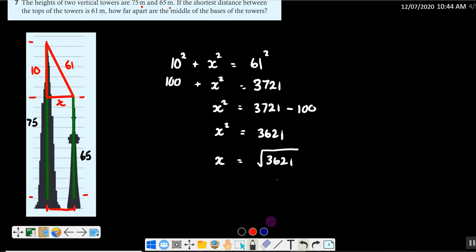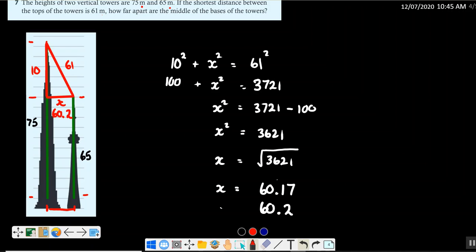What did you get? 60.17. So if I said to three significant figures, that would then be 60.2. Yeah. So that's 60 point. And does that make sense? Yeah.